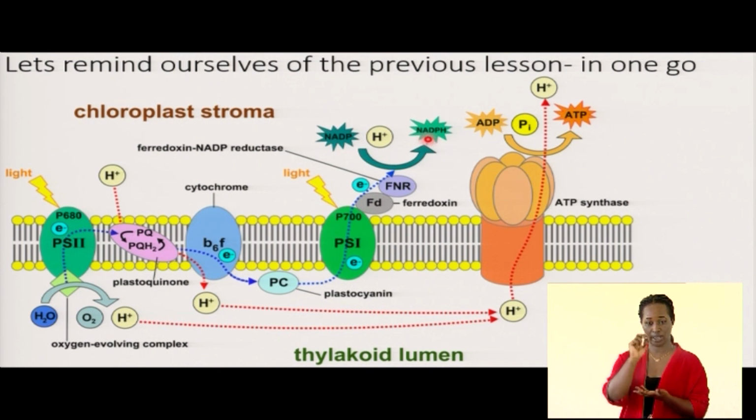So what are we talking about? Two main products of light reactions. One, NADPH, a reducing power needed in the next reaction, the light-independent reactions, and ATP as a store of energy for immediate use for these reactions.